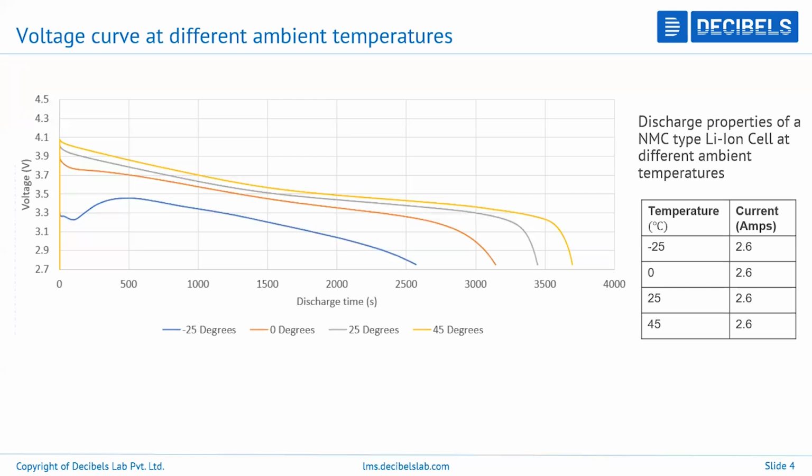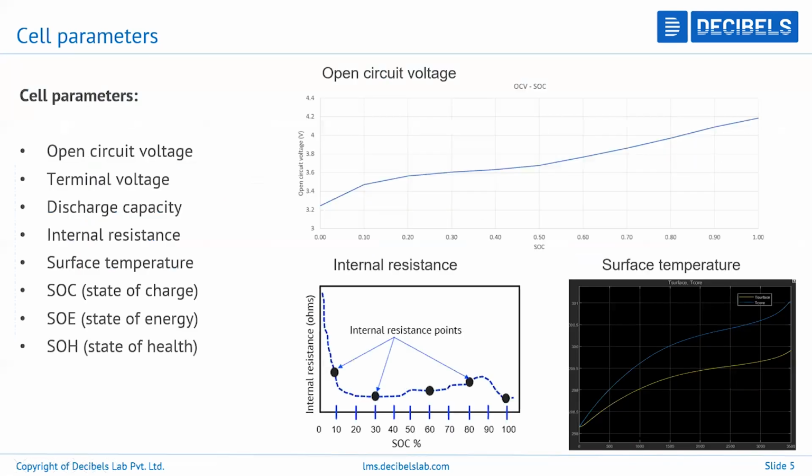Right. Okay. So once again, thank you everyone for participating. If you consider this topic of cell parameters, there is actually a very vast number of parameters that any cell can have. So here are few of them: open circuit voltage, terminal voltage, which we just now saw, the discharge capacity, and likewise even the charge capacity, internal resistance, that is to say the internal resistance with respect to direct current, and then surface temperature, state of charge, state of energy, state of health, and so on.